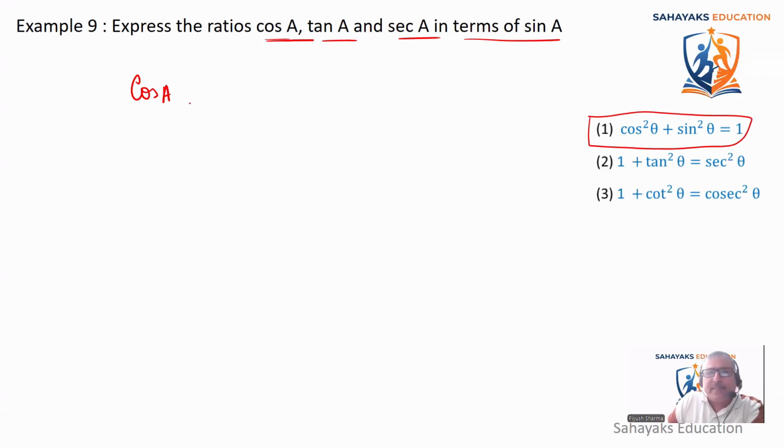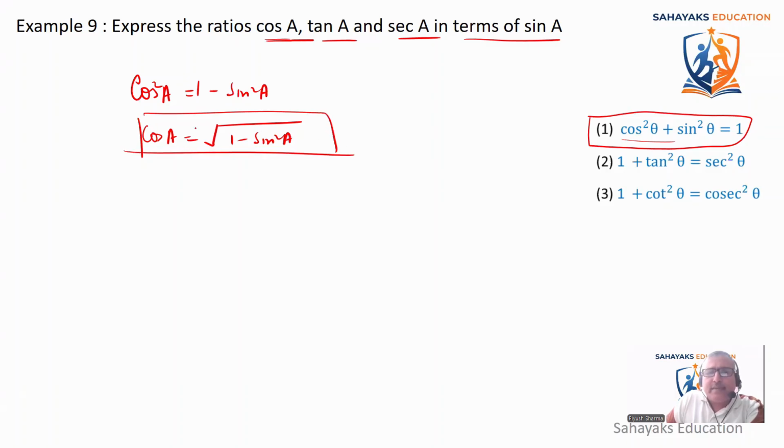I'll say cos square A is equal to 1 minus sine square A. So cos A is equal to the square root of 1 minus sine square A. So I have written cos A in terms of sin A. So this part is done.